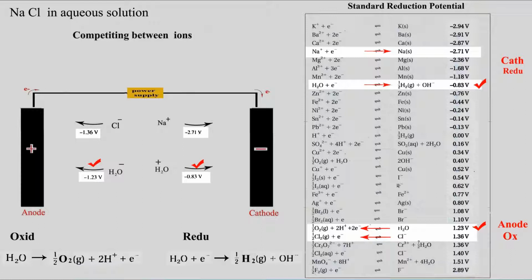Cathode is reduced. Water becomes hydrogen gas and hydroxide ion remains in solution. And that's the way you deal with this competition between ions.